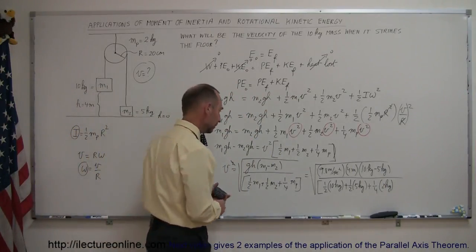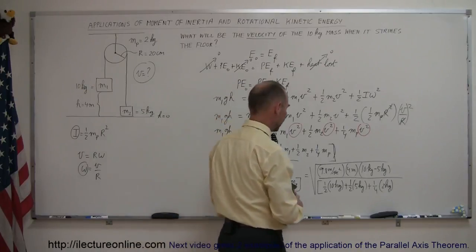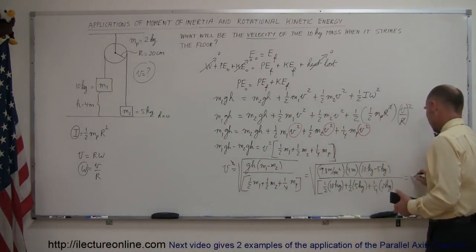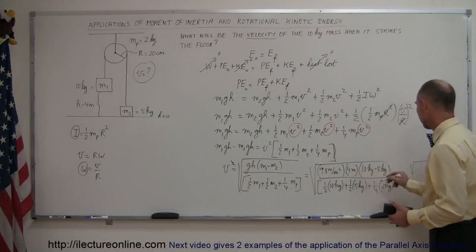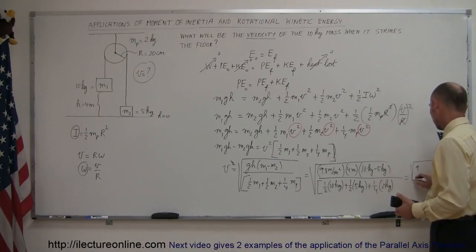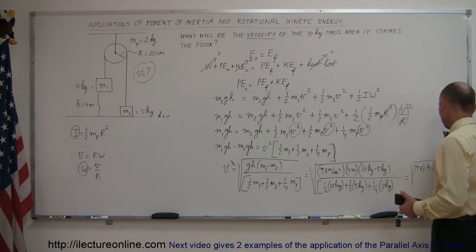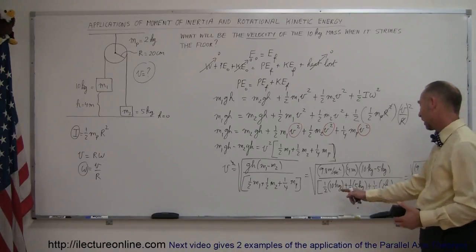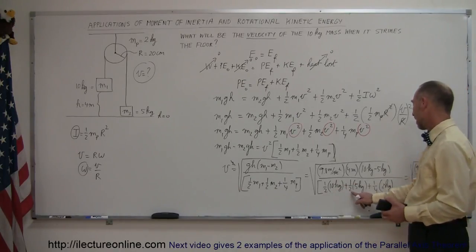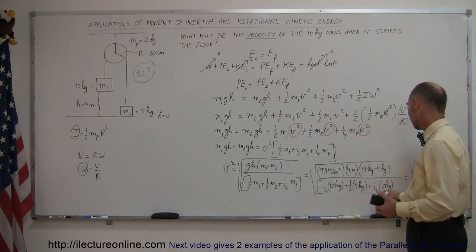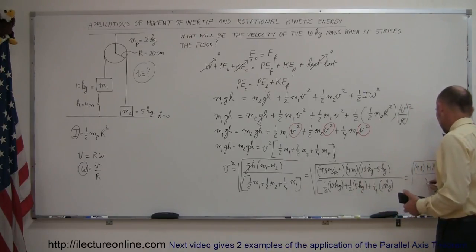I guess before we work that out, this will be equal to the square root of 9.8 times 4 times 5 in the numerator. In the denominator, we have half a 10, that's 5, half a 5, that's 2.5, that's 7.5, and 1/4 of that would be another half, that would be 8, so divided by 8.